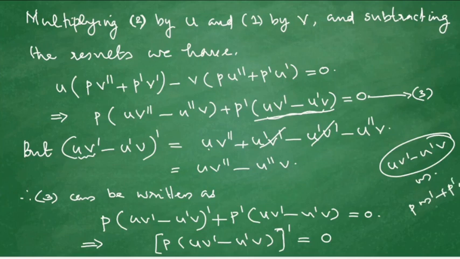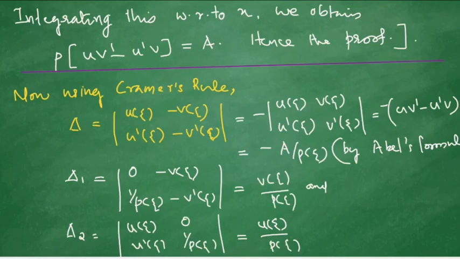This is the product rule of differentiation, so we can write it as d by dx of p into m. Actually this is the expanded form of that. So we have the derivative of p into (u v dash minus u dash v) equal to 0. Integrating with respect to x, we obtain p into (u v dash minus u dash v) equal to A, where A is any constant. So this is the required identity.